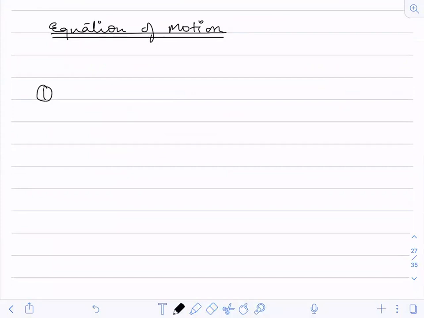Let me tell you that this complete thing, whatever we are going to analyze, is only valid when you have a constant acceleration. If you don't have a constant acceleration, then these equations, whatever we are going to study now, will not be applied.